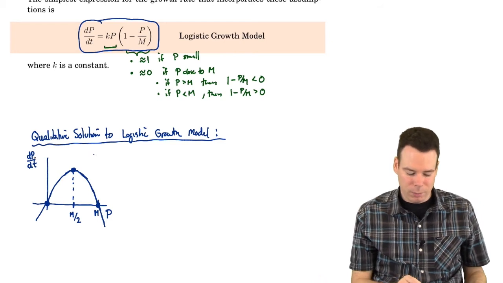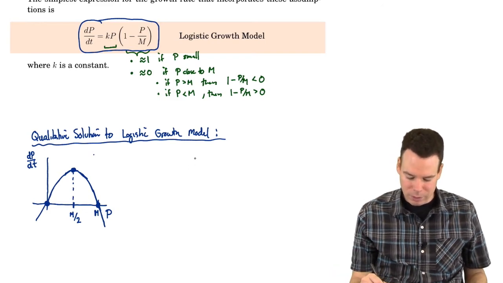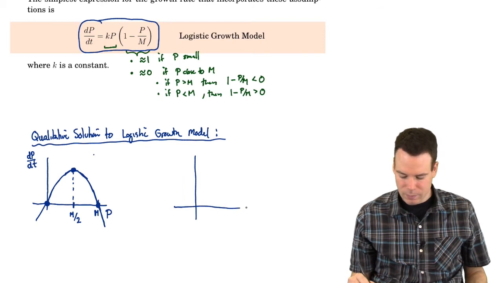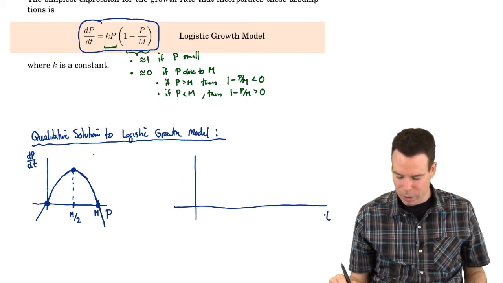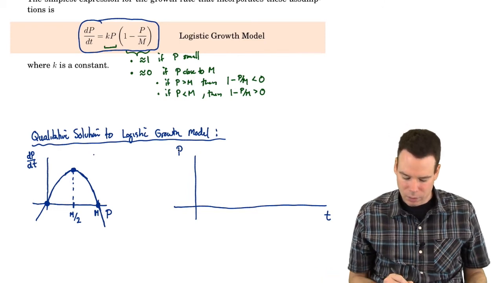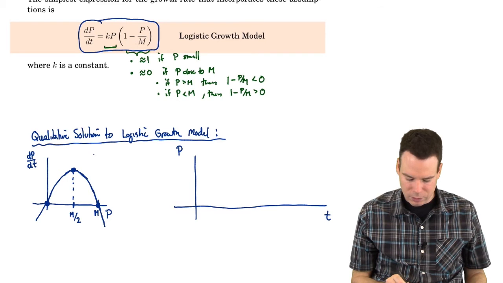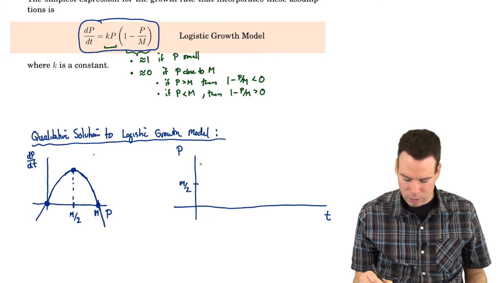So what we've done here is we've plotted the derivative of p with respect to t, the derivative of the population, against the population itself. What we ultimately would like to do is get a graph of the population function, so P versus T. So what can we do here? Well, I look at the horizontal axis in the first diagram and I see there's special things happening at 0, at m over 2, and at the carrying capacity m.